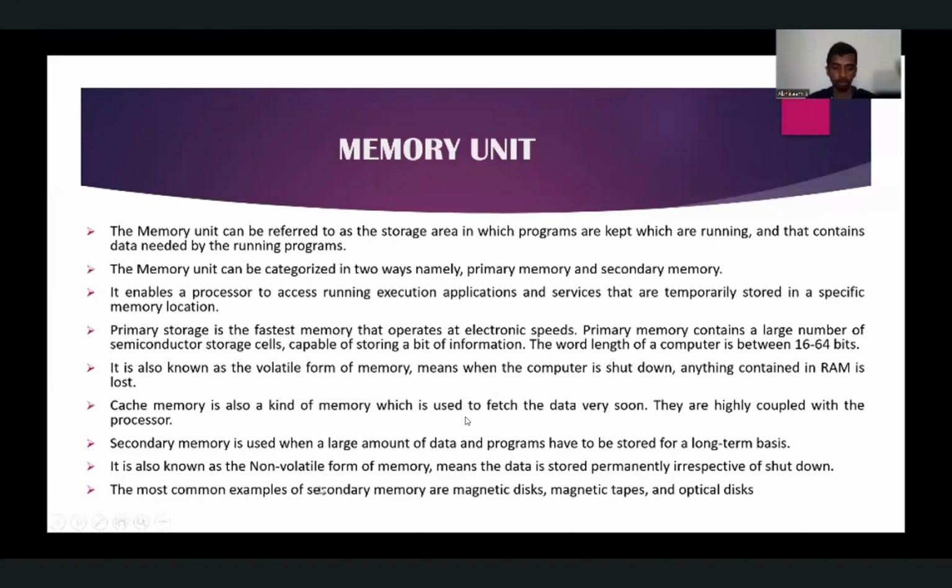The most common examples of secondary memory are magnetic disks, magnetic drives, and optical disks. The latest secondary devices which are commonly used are the SSDs and NVMe SSDs. They have the highest transfer speeds, so they are very efficient.